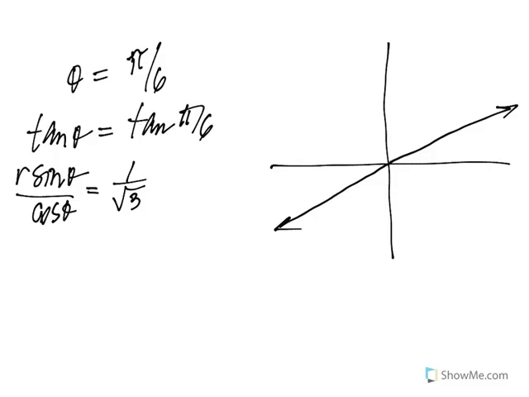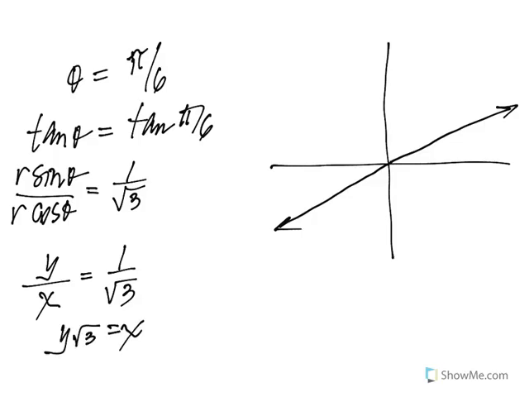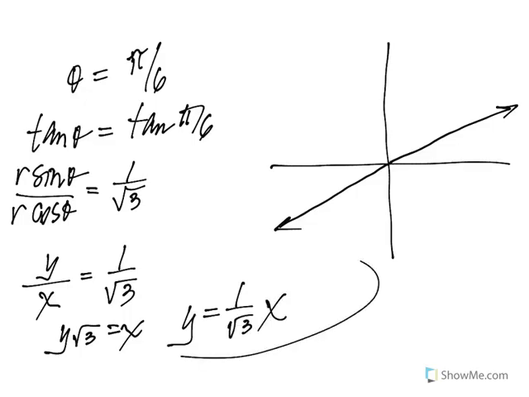I just need r's, so I'm going to multiply it by r over r, which is okay. It's just multiplying by 1. This gives me then y over x is equal to 1 over the square root of 3. I cross-multiply because I want it in standard form. That is y times the square root of 3 is equal to x. That means y is equal to 1 over the square root of 3 x. That's it. That's a rise of 1, a run of √3.